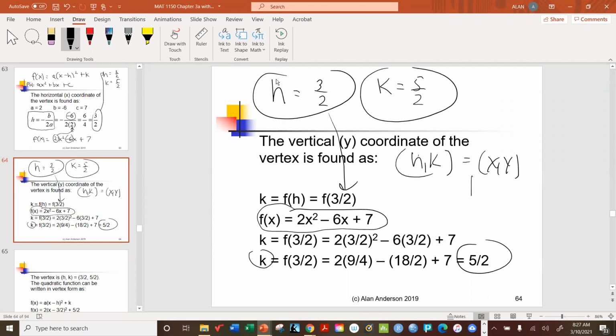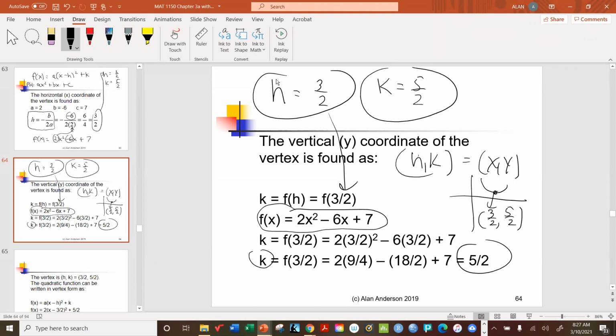So in this case, x would be 3/2 and y is 5/2. Think of the h as an x and the k as a y. H is some independent variable, in this case 3/2, and then y is the corresponding value of the function at that point. That makes more sense. Okay, good.